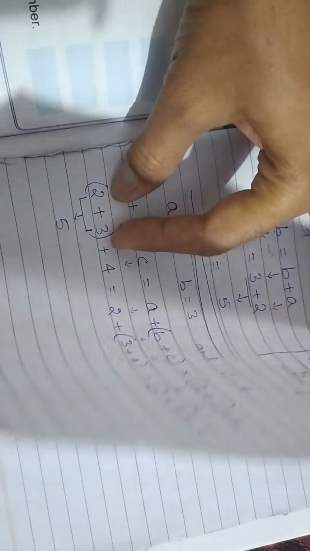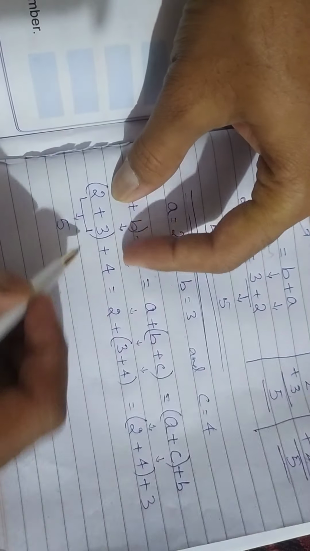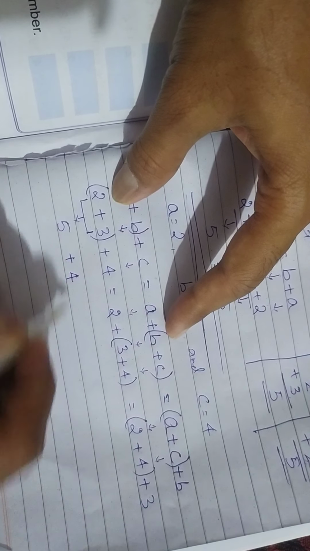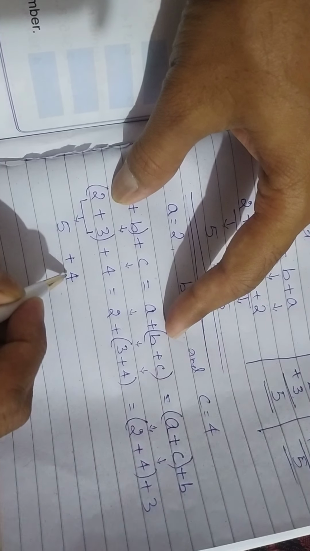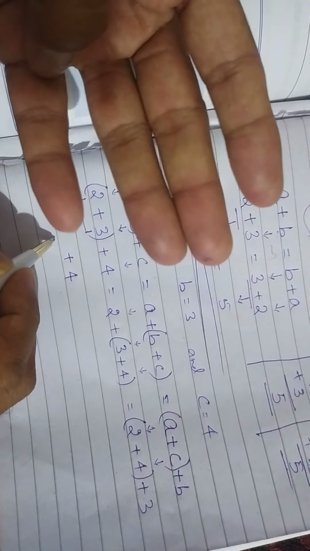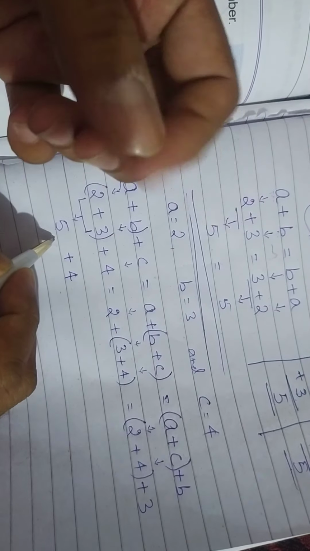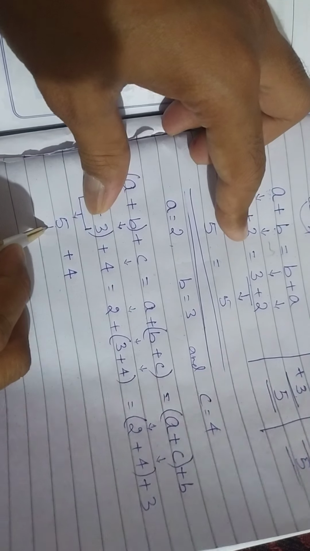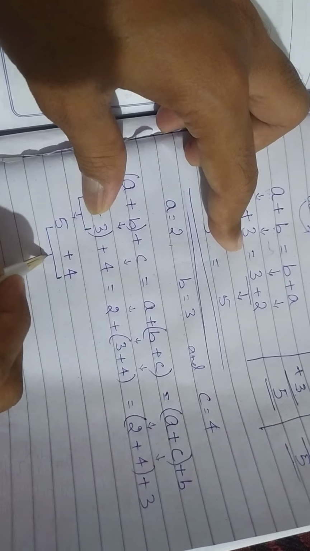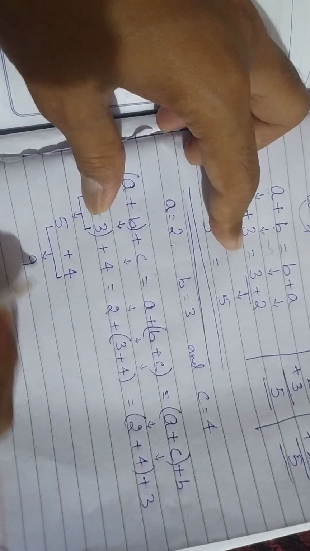Okay. Now next, plus as it is, 4 as it is. What is 5 plus 4? 5 in the mind, 4 on fingers. After 5: 6, 7, 8, 9. So 5 plus 4 gives you 9.